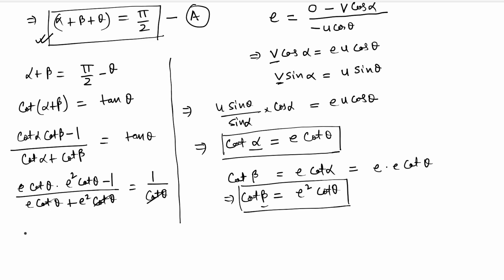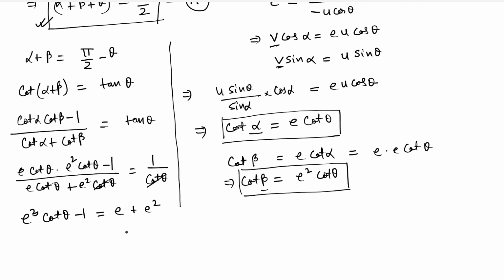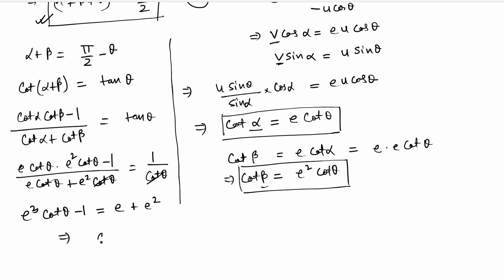So eventually it becomes E cubed cot squared theta minus 1 equals E plus E square times cot theta, and therefore cot theta is 1 plus E square by E cubed.